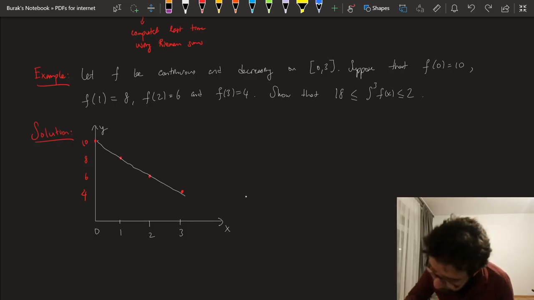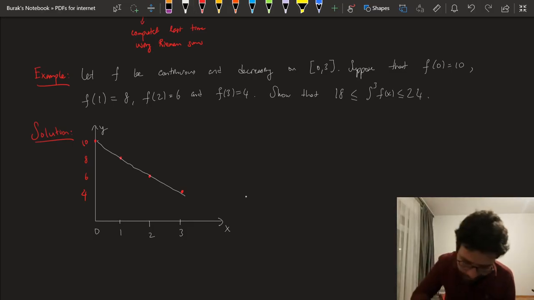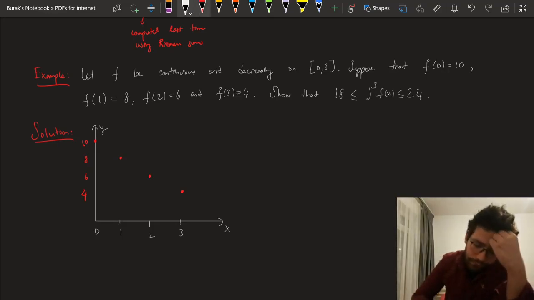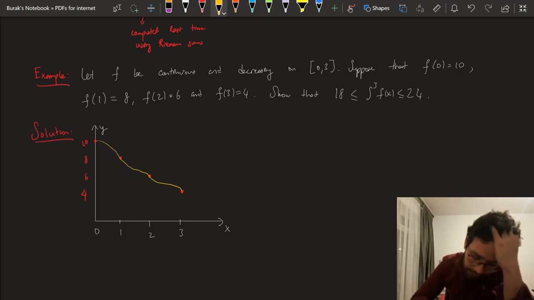Well, let's think about this. I'm going to have a function which is continuous and decreasing, and it's going to decrease from here to here. What can happen? It can look like this. It can look like that.